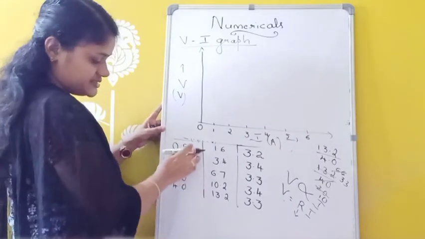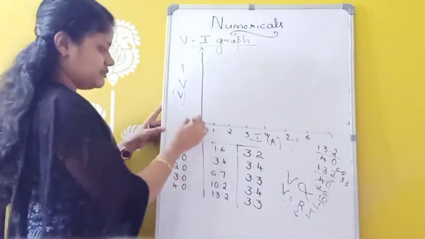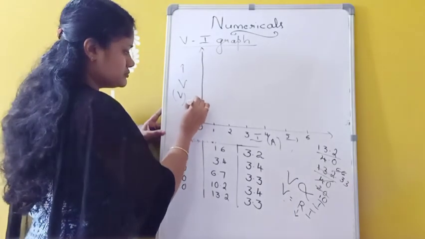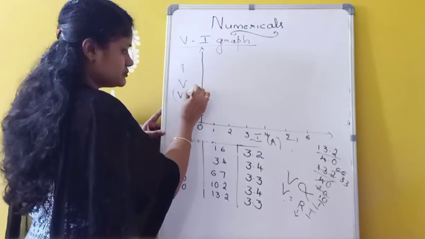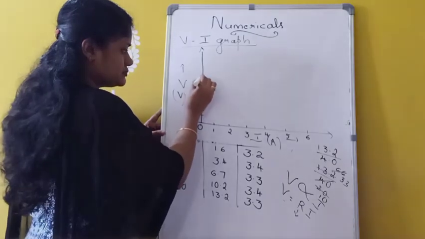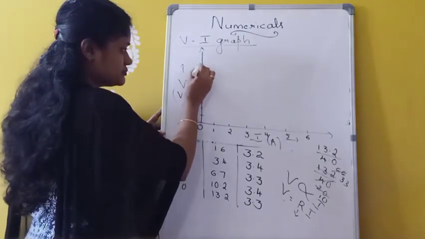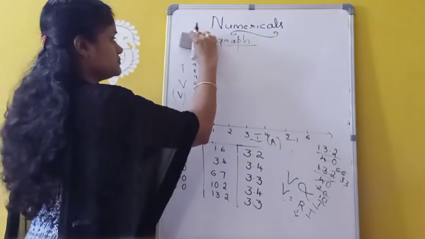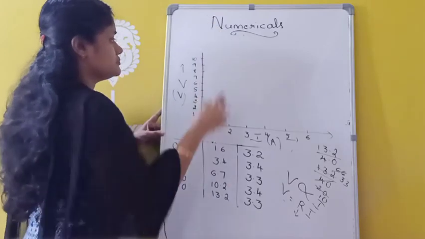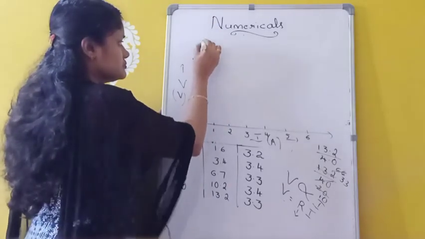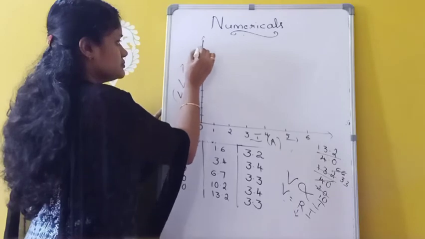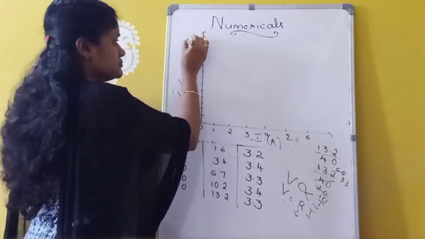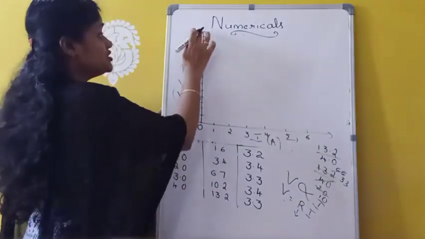And potential difference, till 13.2 we need. That means I am taking 1, 2 like that. So we have up to 13.2.